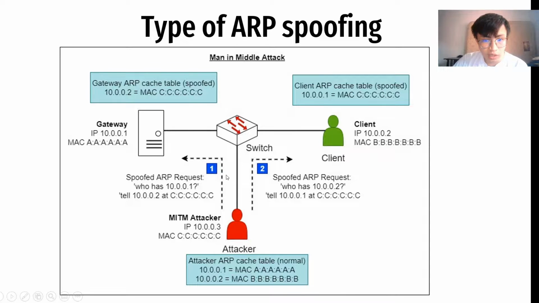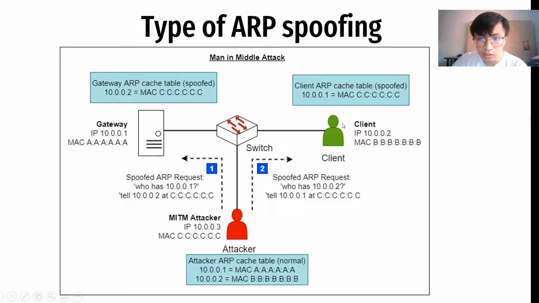So you can see that the attacker sends the request and tells the gateway that 10.0.0.2 is at the CCC MAC address, which is itself. Then he also sends a spoofed ARP request to this client and tells it that the gateway is also at the CCCC MAC address.